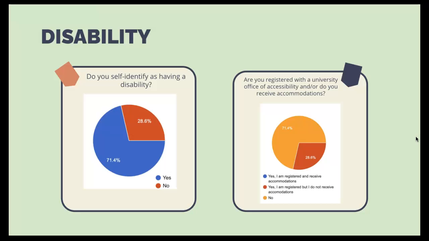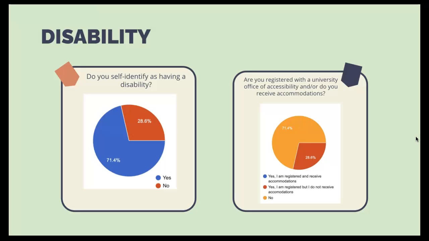So do you self-identify as having a disability? 71.4% of people who responded said yes. But when you look at, are you registered with the University Office of Accessibility, and/or do you receive accommodations? 71.4% said no. So an overwhelming majority of people are not registered.